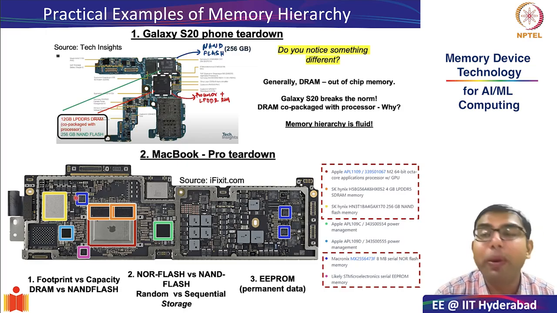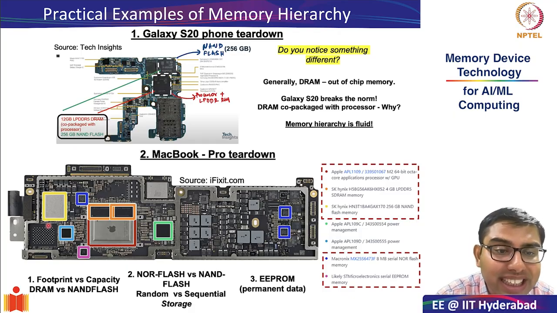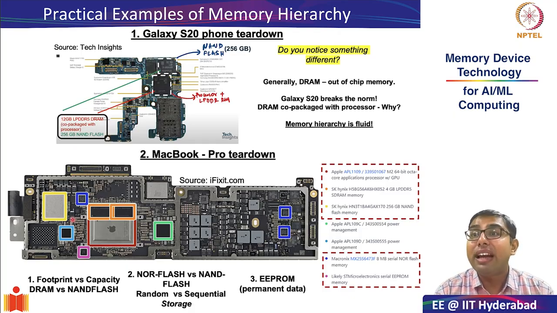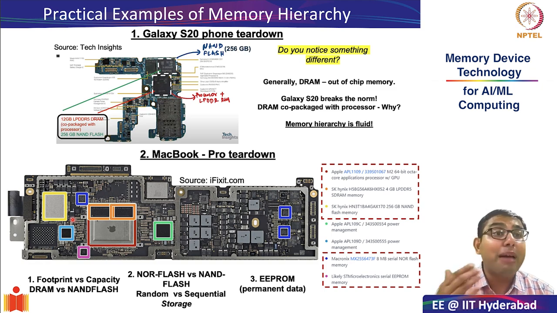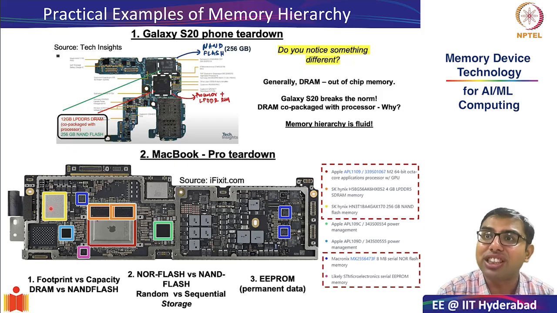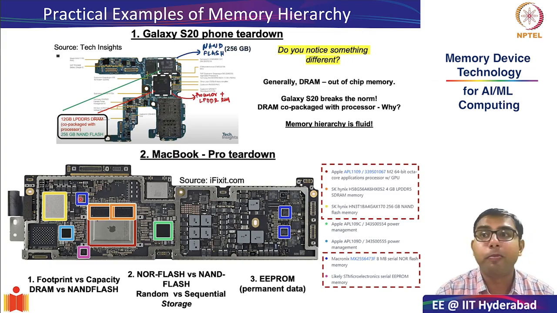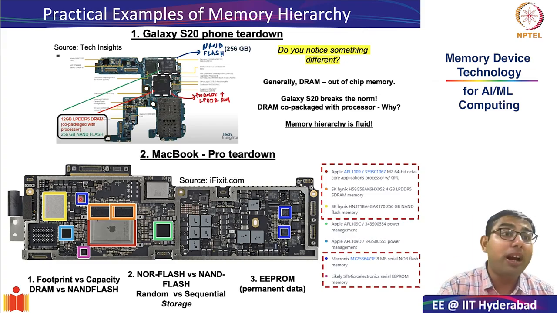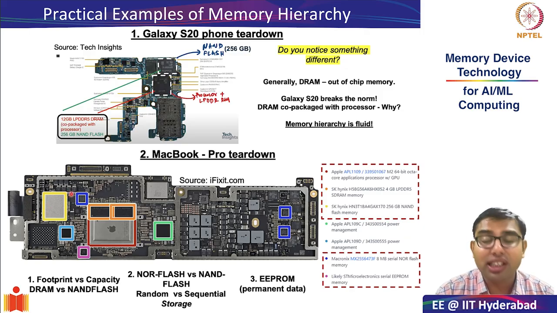Compare this in footprint to the 256 GB NAND flash memory. 8 MB versus 256 GB. Orders of magnitude larger bit density in NAND flash compared to NOR flash. Please recall, the fundamental cell in NAND flash and NOR flash is essentially the same.